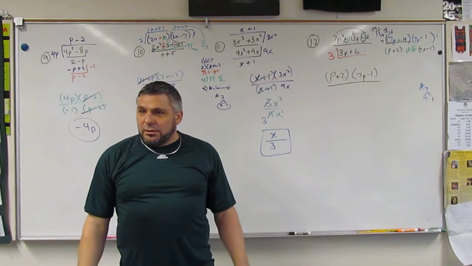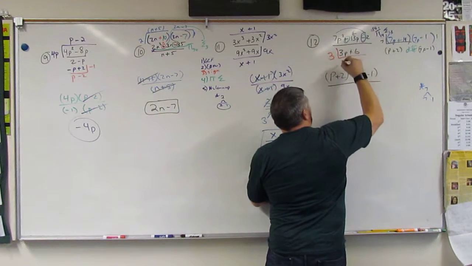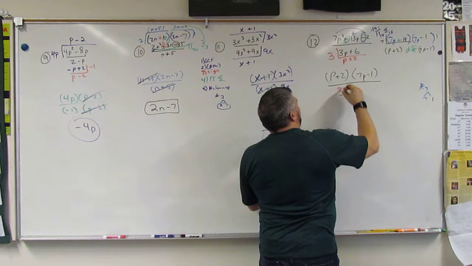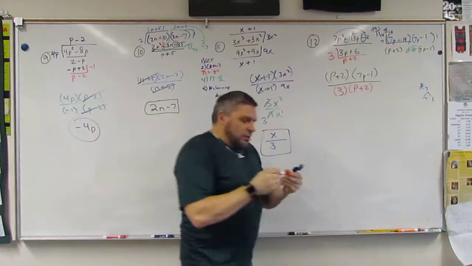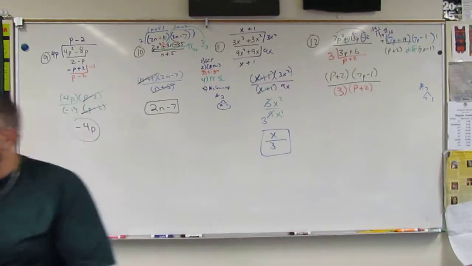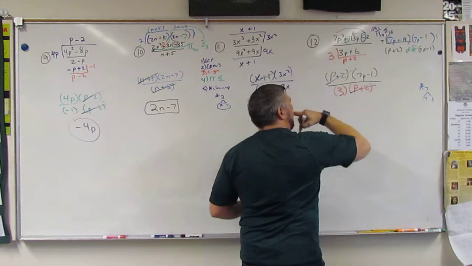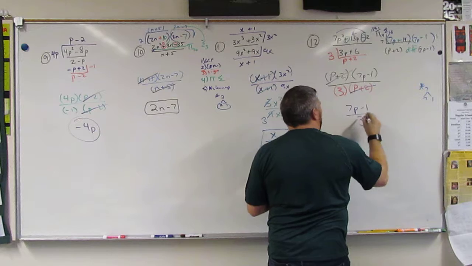How many times? 1 and 2! So we got 3 and p plus 2, right? Do we have anything that looks the same on the bottom and the top? Yes. The p plus 2. P plus 2, okay. So I got 7p minus 1 over 3.